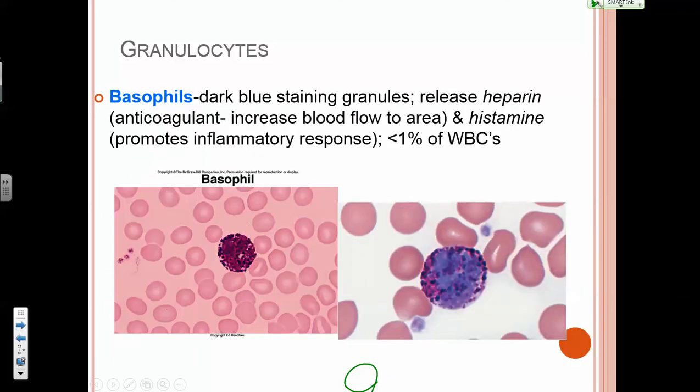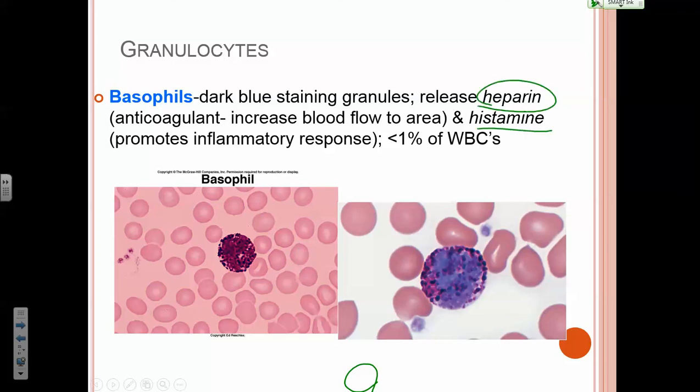All right, then the basophils, look at their granules. Their granules stain so darkly, especially on that left side, you hardly even see the nucleus, do you? Right? Okay. They have dark blue staining granules, and these are not phagocytic, but they release some chemicals that are very important for you.